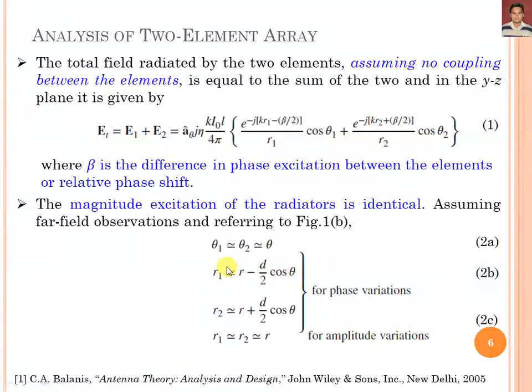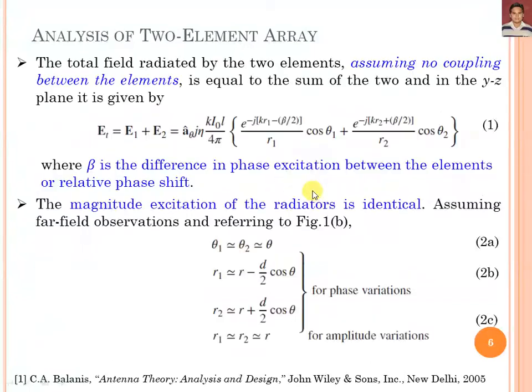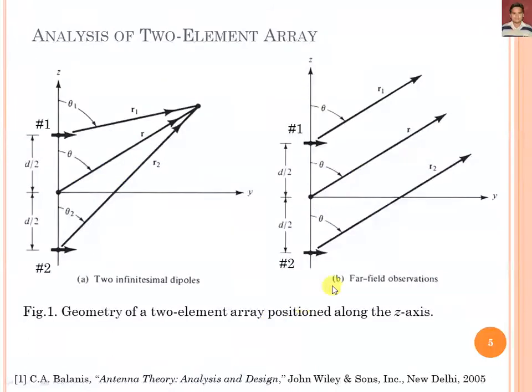In that case we can take theta 1 approximately theta 2 approximately theta, and r1 is equal to r minus d by 2 cos theta. Here you can draw a perpendicular line, and this component is d by 2 cos theta. Similarly we can calculate r2 is equal to r plus d by 2 cos theta.